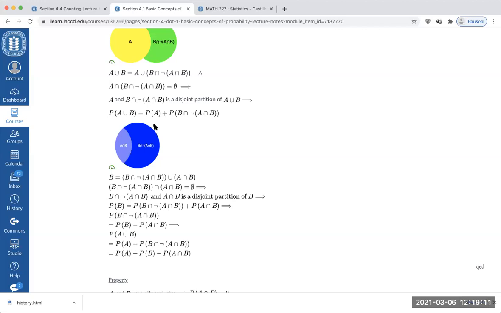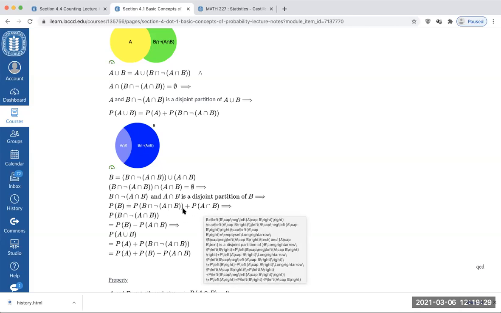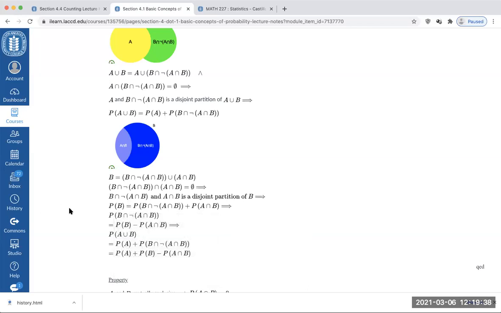So by the third of the Kolmogorov axioms, we have that the probability of B is the probability of B intersect not A intersect B plus the probability of A intersect B. Therefore, the probability of B intersect not A intersect B is just the probability of B minus the probability of A intersect B. Therefore, the probability of A union B, which we found above to be the probability of A plus the probability of B intersect not A intersect B, is equal to the probability of A plus the probability of B minus the probability of A intersect B. Therefore, I've shown what I wanted to show.